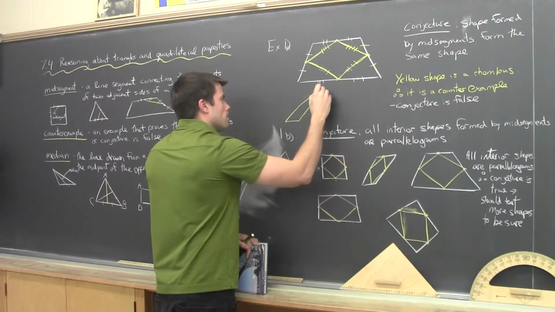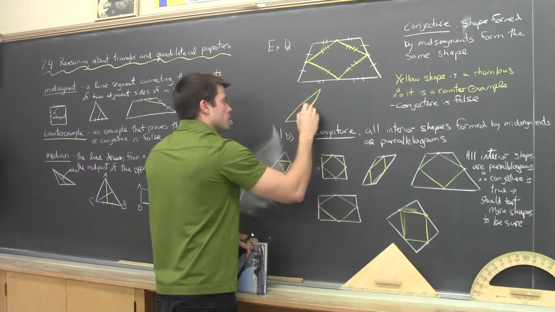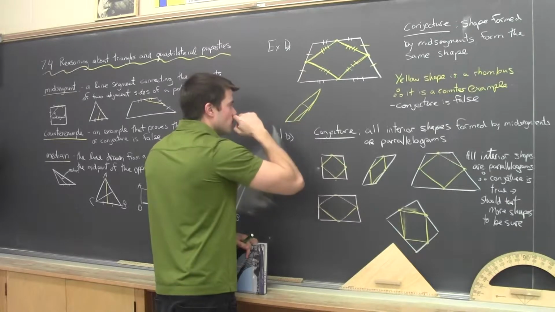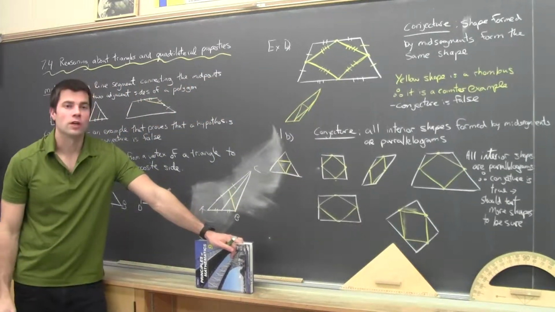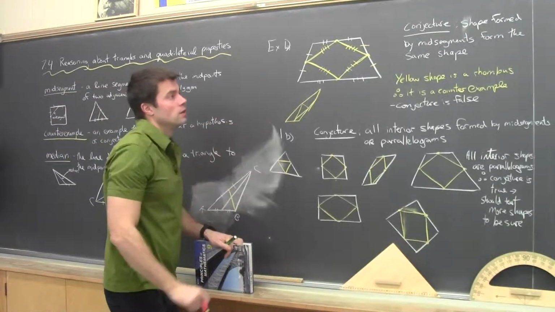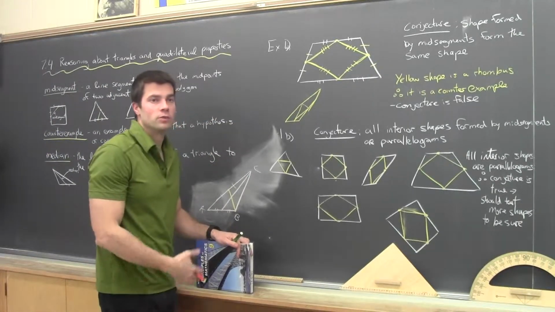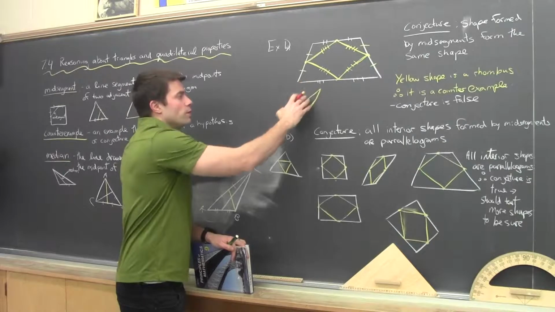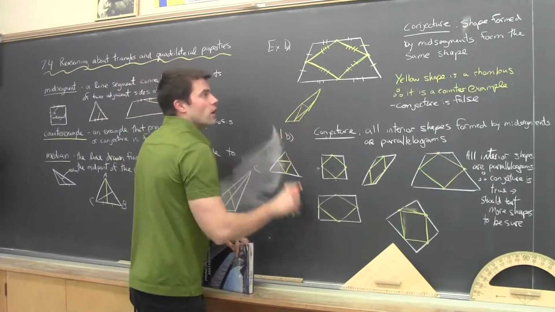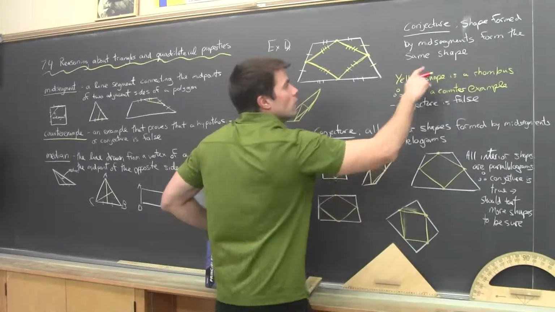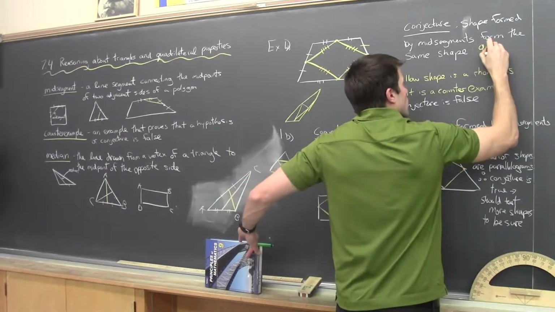So wouldn't the first conjecture be right for triangles? Yes, for triangles it would be correct. If you join the mid-segments of a triangle, you also get a triangle. But here we're talking about quadrilaterals.